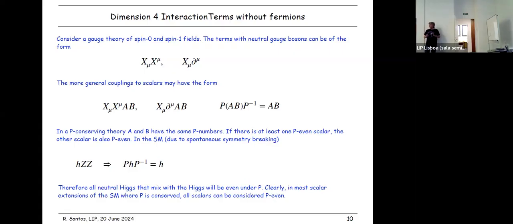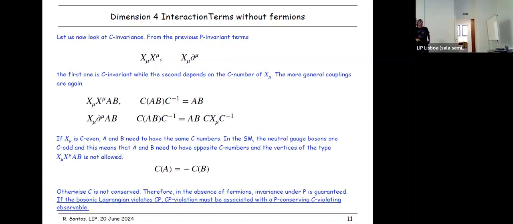So you start by saying, I want the Lagrangian that is invariant for parity. Z squared has parity 1, H has to be parity 1, so 1 times 1 is 1. And of course, then you can do the same for charge conjugation. And what you conclude, I will just go to the conclusion.